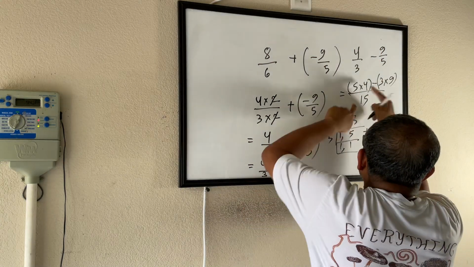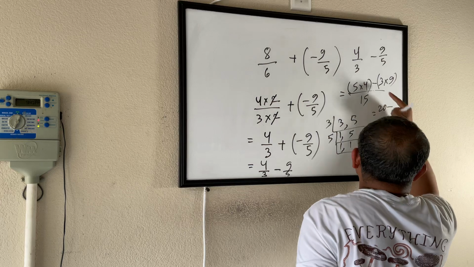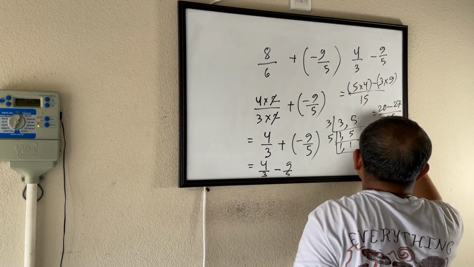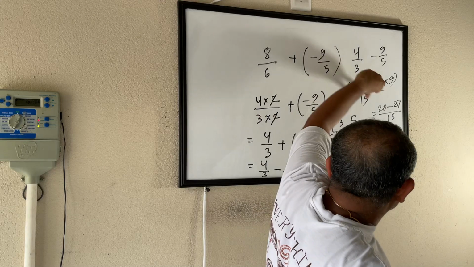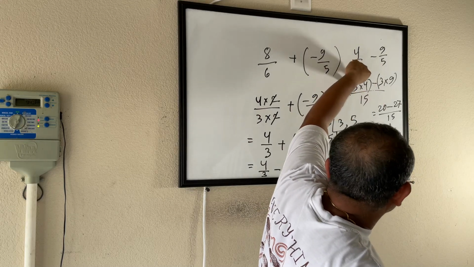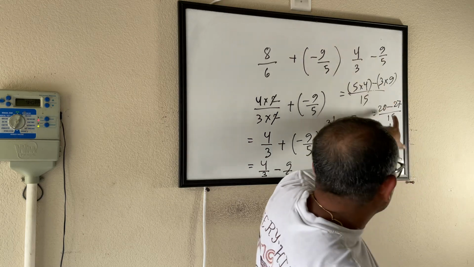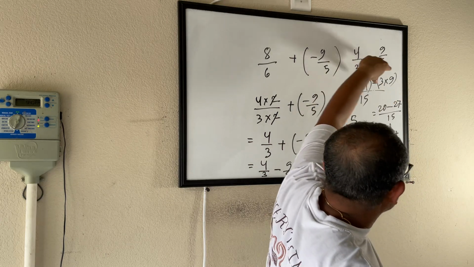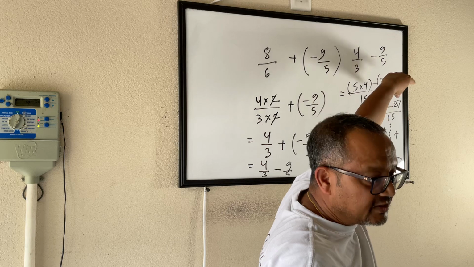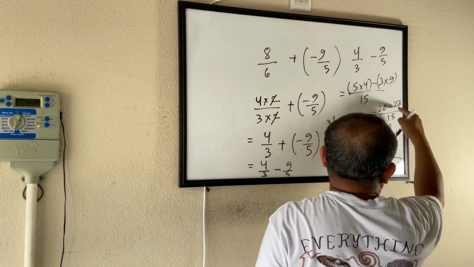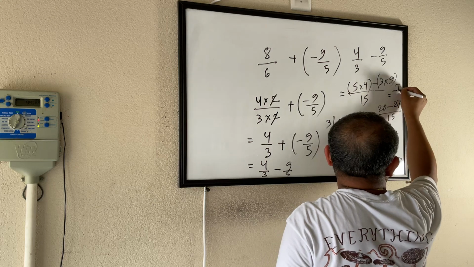So I got 5 into 4 is 20, minus 3 into 9 is 27, divided by 15. 5 into 4 is 20, I just opened the bracket, there was nothing inside. And then minus 3 into 9 is 27. I was putting the bracket just for the sake of keeping it clear, so that I don't get confused by seeing the numbers together. So 20 minus 27, that is negative 7 over 15.